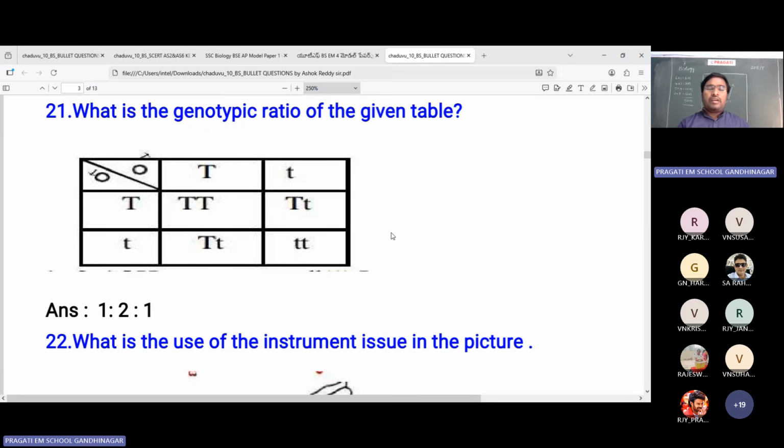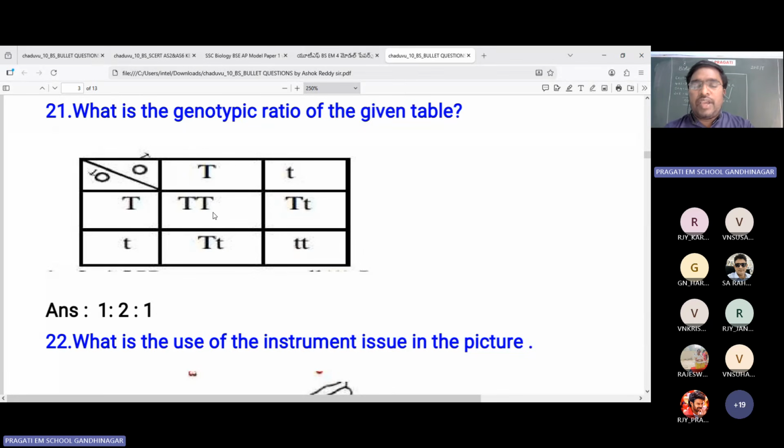So here, capital T and small t, basing on the alleles and traits. See, the visible ratio is different, the genetical ratio is different. Okay, so the genetical ratio, children, after pollination, after fertilization, see the resultant alleles and traits here.